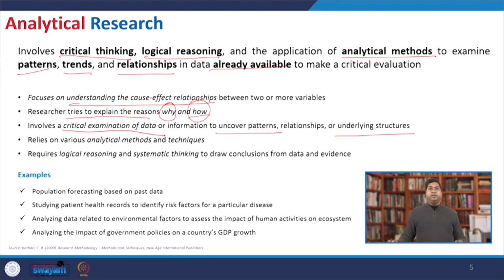If you find that the temperature in a particular city or region in the first and second week of December is around 10 degrees minimum and the maximum is 22 degrees, then probably you can forecast that next year also the range will be around that.